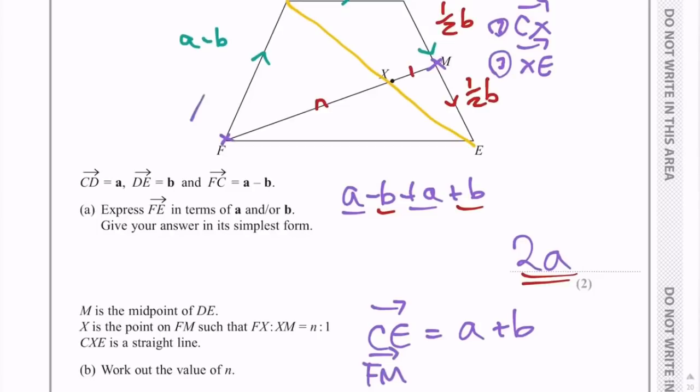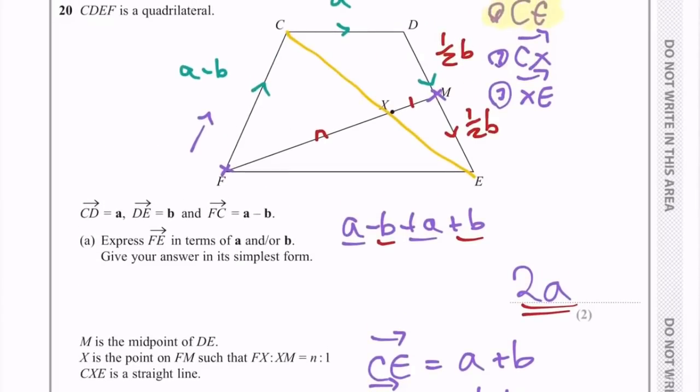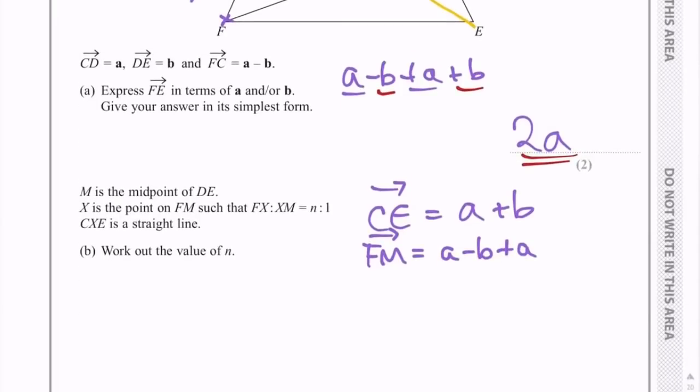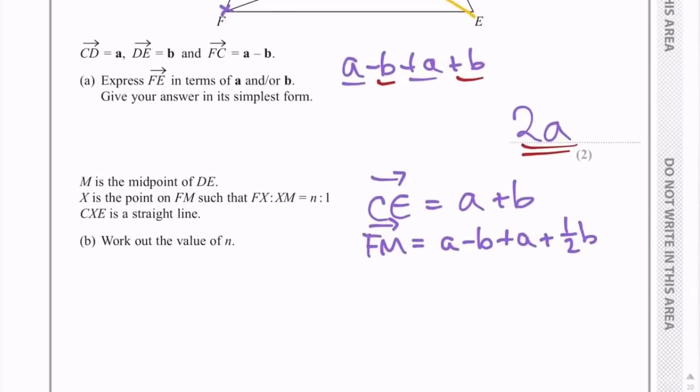To get from F to M, I can go up this A minus B, along the A at the top, so plus A, and then down this little half B, so plus half B. And that will allow me to get from F to M, just going up around the outside. So let's simplify this down. A add A is 2A, and then minus B add half B is minus a half B. We're getting part way there.